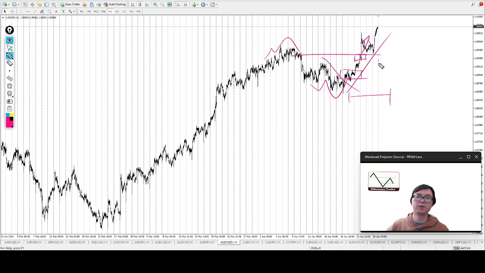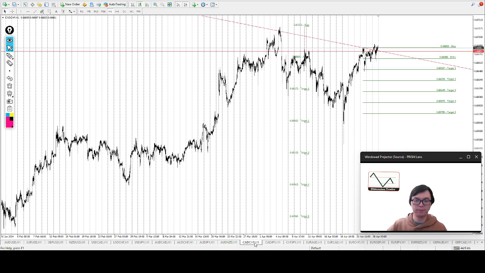So price did not drop to the dimension 5 area. This is not going to be a good setup for last week. But if you caught dimension 2 right here for continuation, congratulations. Okay, so next week we will keep an eye on this one for any trendline break. Cat swiss.